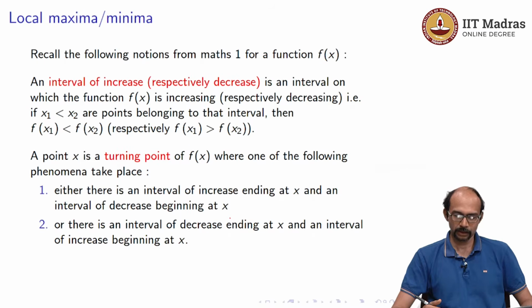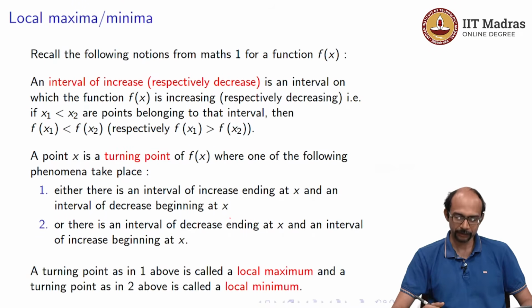We will draw pictures of these in a minute, but I am going to give you some new names to call them by. A turning point as in phenomenon 1, where the function increases till x and then decreases after x, is called a local maximum.